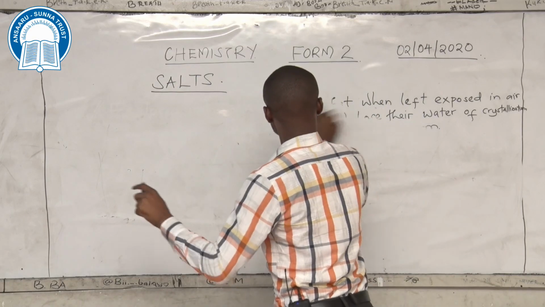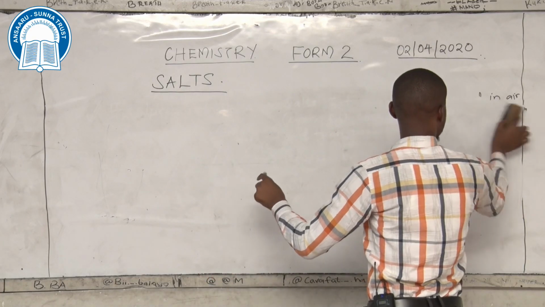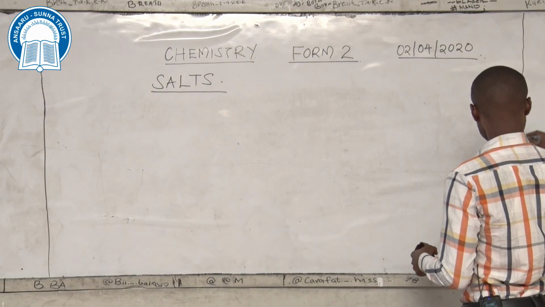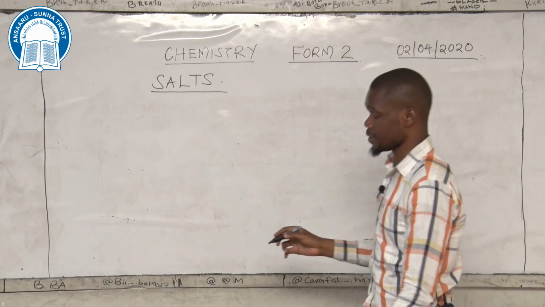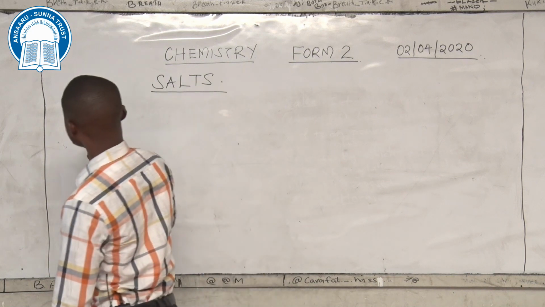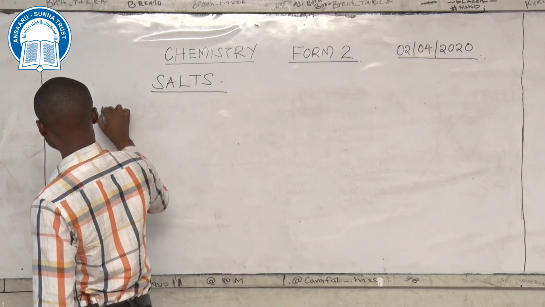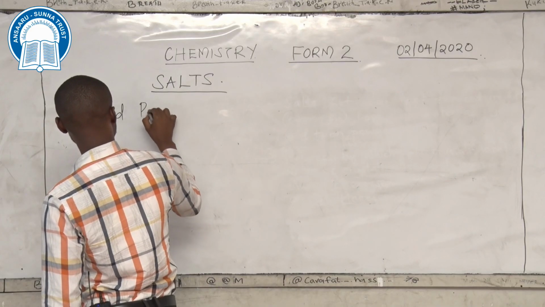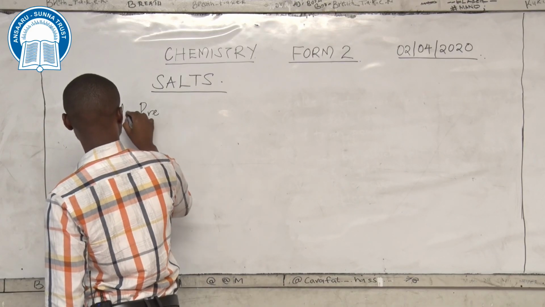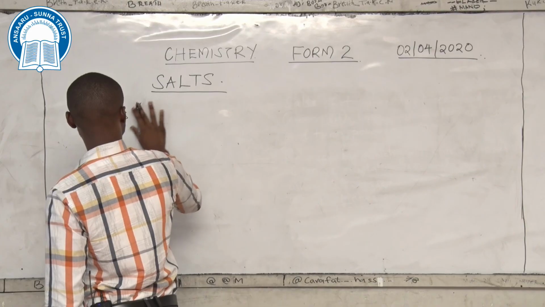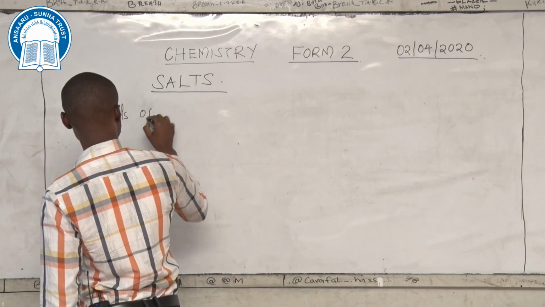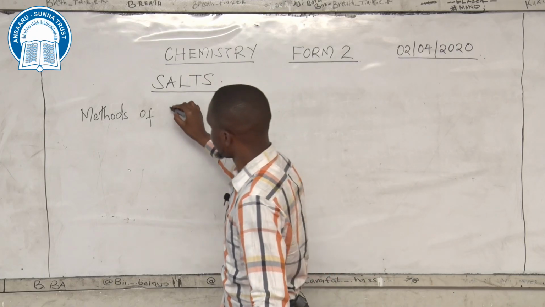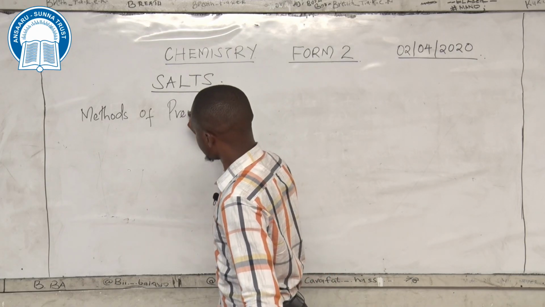Like I said in our previous class, the properties are either hygroscopic. If not hygroscopic, we talk about deliquescent. If not deliquescent, we talk about efflorescence.